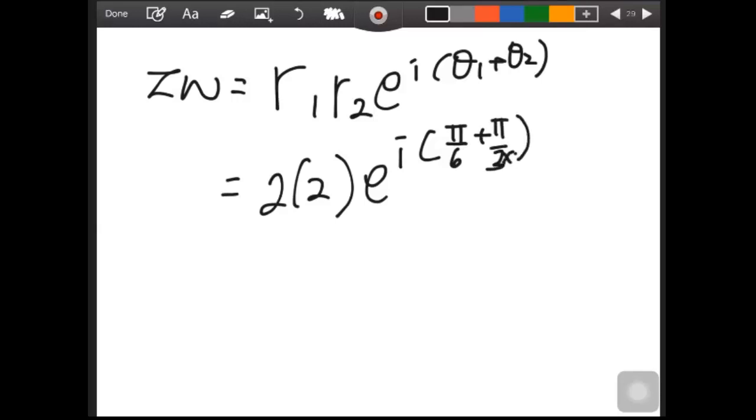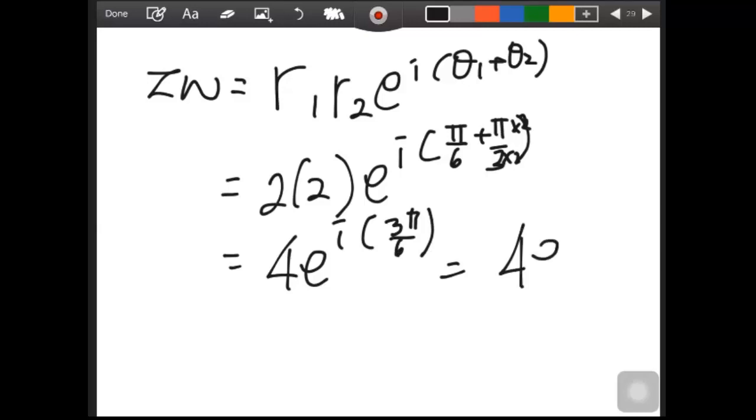So ini darab 2 darab 2. So kita akan dapat 4 exponential I, 3 pi over 6, which is pi over 2. So 4 exponential I pi over 2. Okay, so ini untuk ZW.